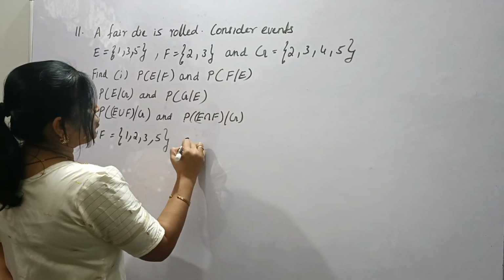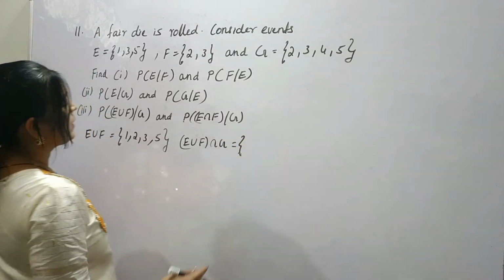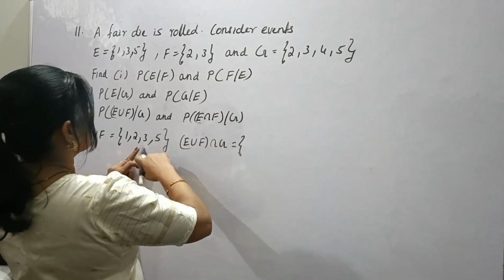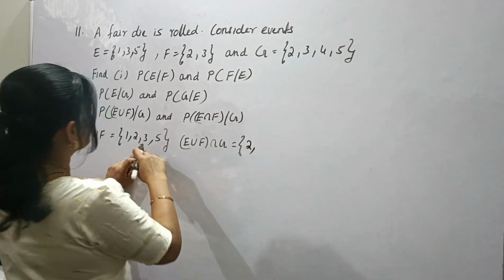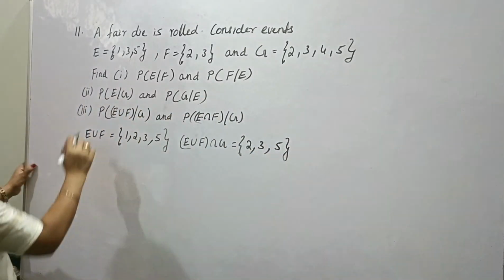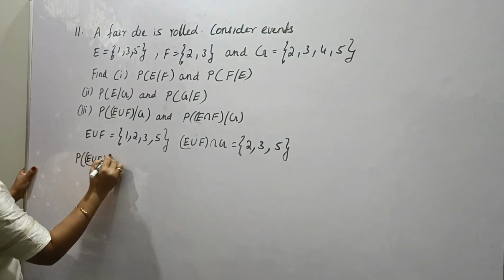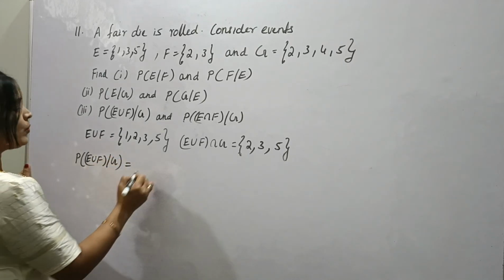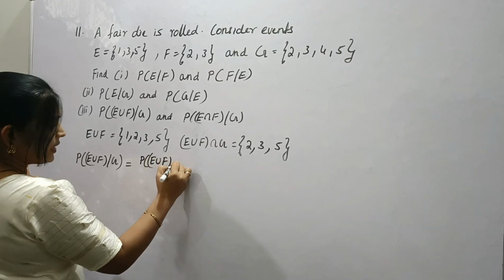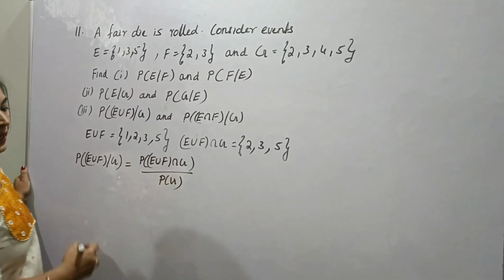And E union F intersection G, that is equal to, intersection G. So what are the common elements? 2, 3, 5. Okay. Now let's find probability of E union F given G, that is equal to probability of E union F intersection G divided by probability of G, right?